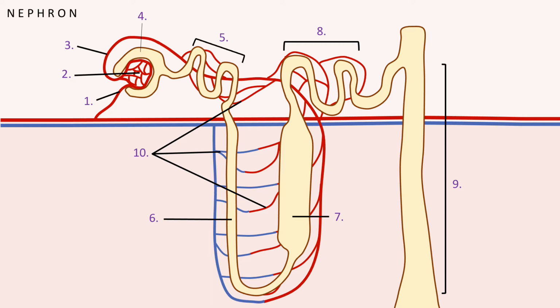I've also provided a diagram here with numbered parts. So let's go through the key components you should have on your diagram or have labelled from this diagram. Firstly, we know one part of the nephron is found in the cortex, and then another part is found extending into the medulla.